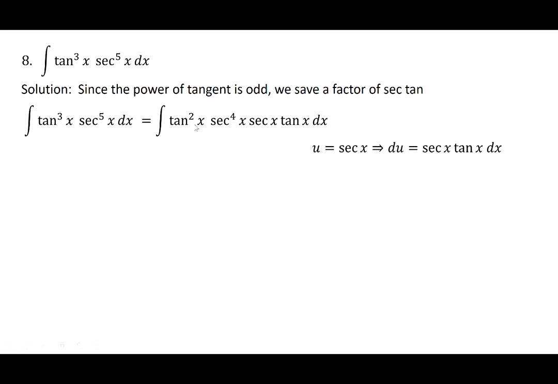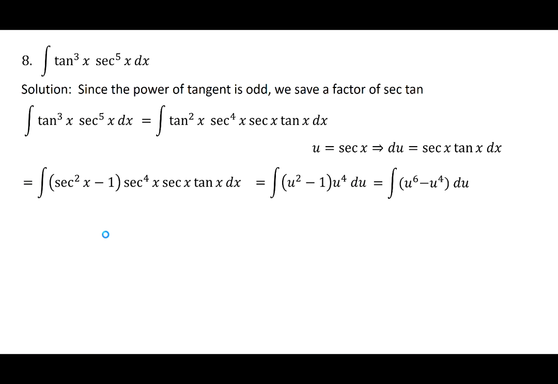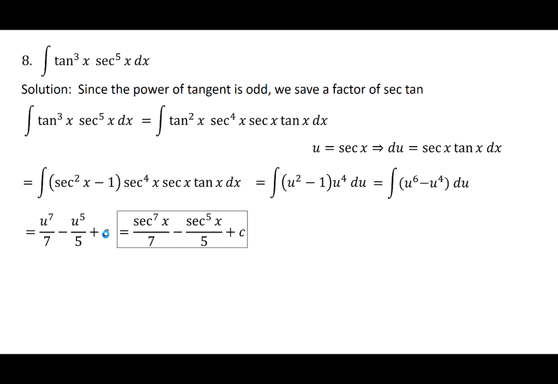And so secant to the 4x becomes u to the 4, but tangent square x, we will write as secant square x minus 1. And then we make our substitutions. And so it becomes this, multiply, and integrate, plug back, and you are in business. Cool?